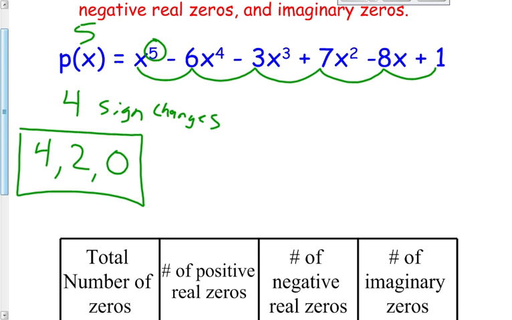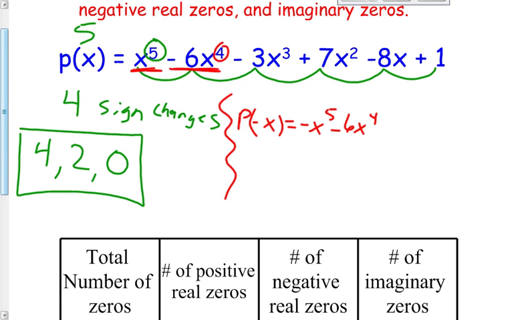Now we're going to do the exact same thing for p of negative x. Now class, like I said, the odd exponents change the sign. So this positive x to the 5th turns to a negative x to the 5th. But the even exponents stay the same sign. So this is going to stay a negative 6x raised to the 4th.